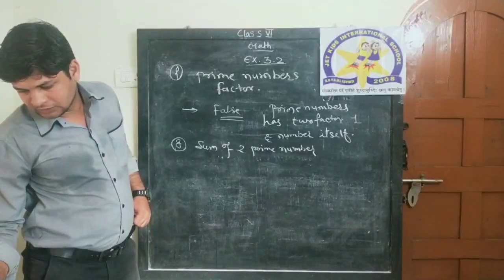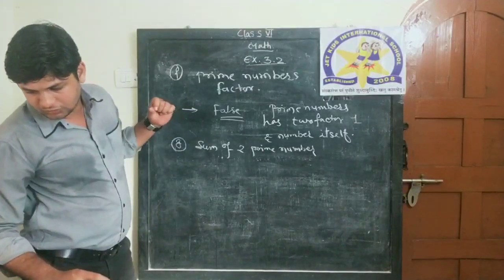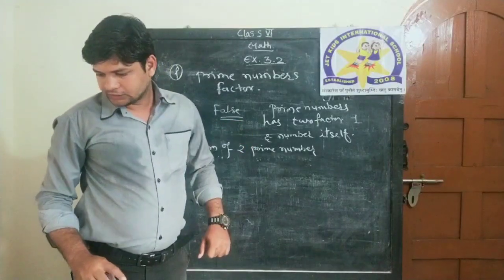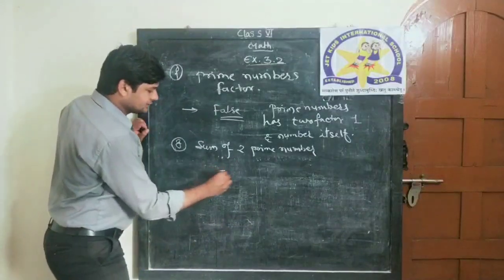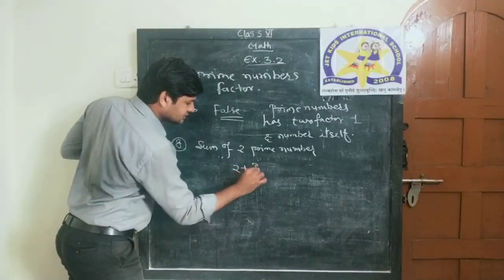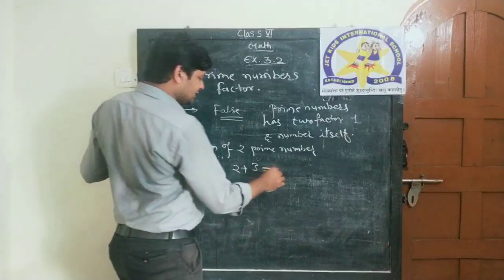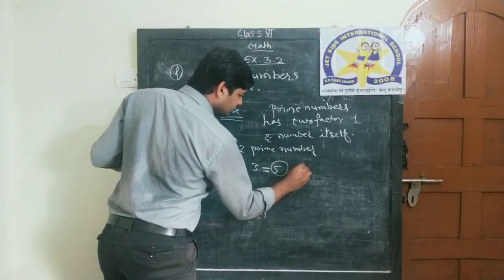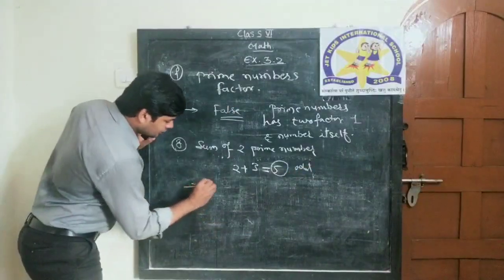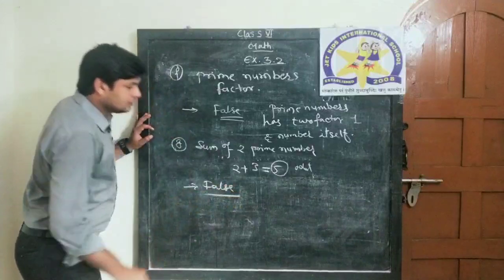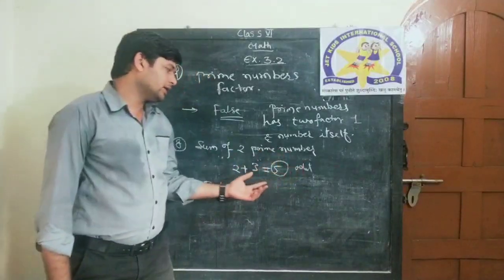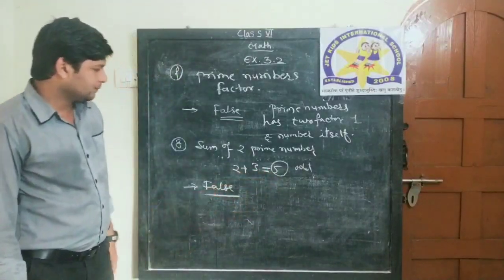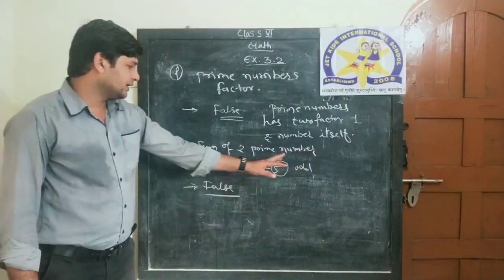If I take this simple thing, 2 plus 3. So what is 5? No, it is odd. Then the statement will be false, right? Why? Sum of two prime numbers is not always even, it can be odd. Clear?